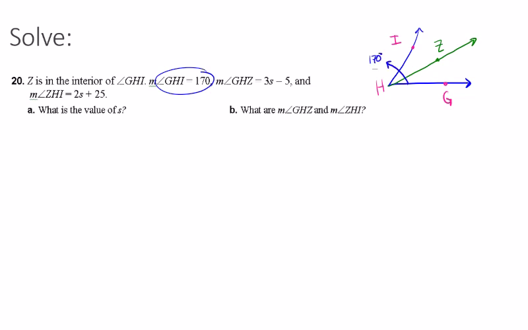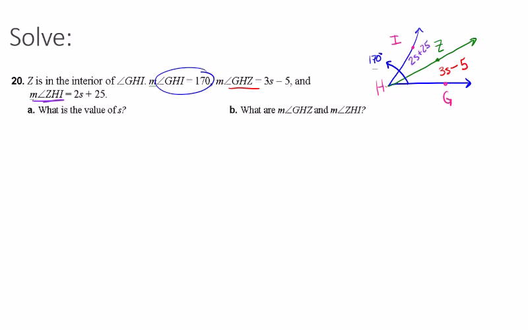GHZ is 3s minus 5. So 3s minus 5 for GHZ. And then the last one, ZHI, is 2s plus 25.